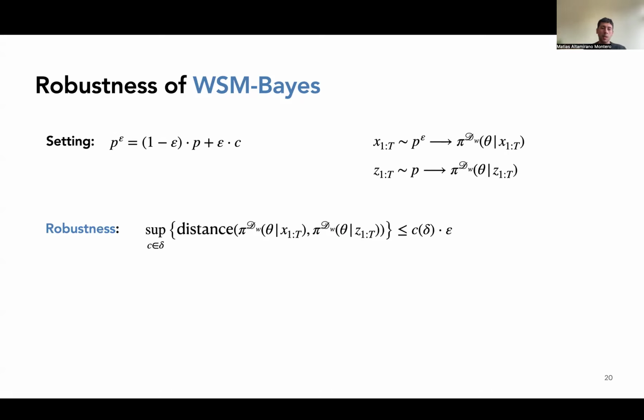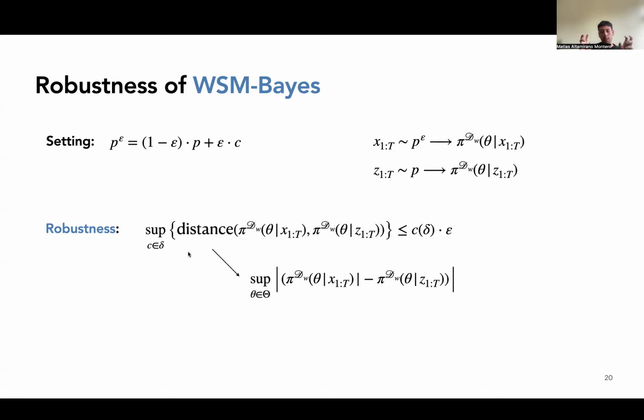It's basically when you assume your data come from these pure contamination models, where with probability epsilon you observe C. You compute a posterior given data observed from this contaminated model, and then you compare it with the posterior given data that is just observed from P, the true data generating process. If that distance is bounded for every epsilon, then you say your posterior is robust. So you have to select a distance with respect to this posterior.